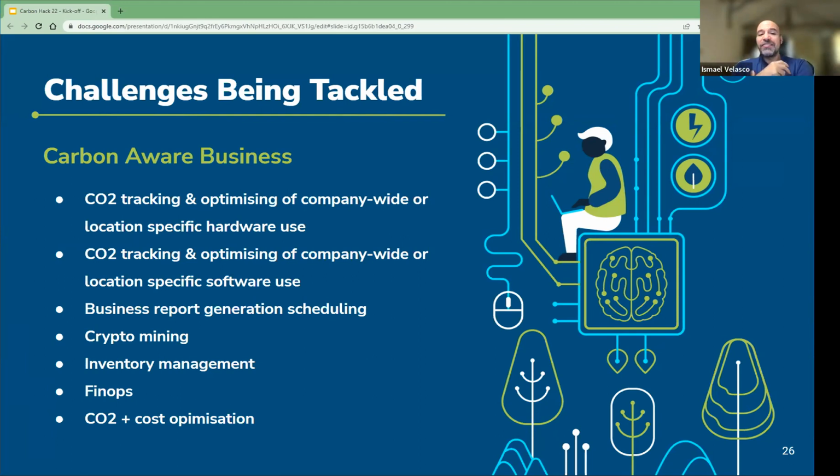Business report generation scheduling: this is a very small thing that could be huge, because the amount of business reports being generated every day is probably eye-watering. And it's almost never time sensitive within green or dirty energy timeframes. So report generation, crypto mining.